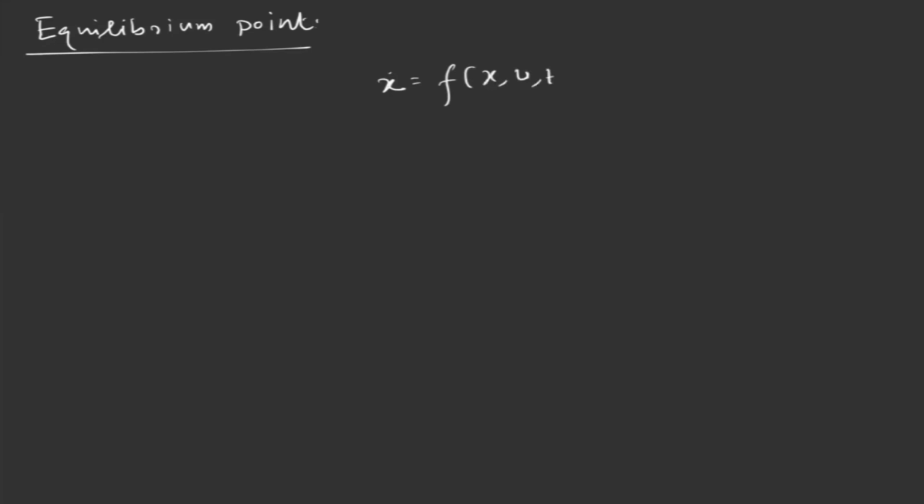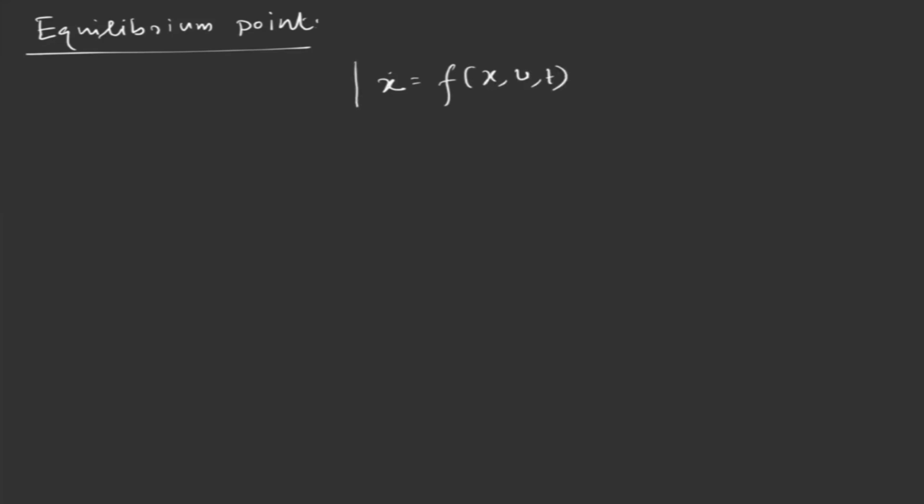Now let's discuss the equilibrium point. Let's consider we have a system x dot equal to f of x, u, t.